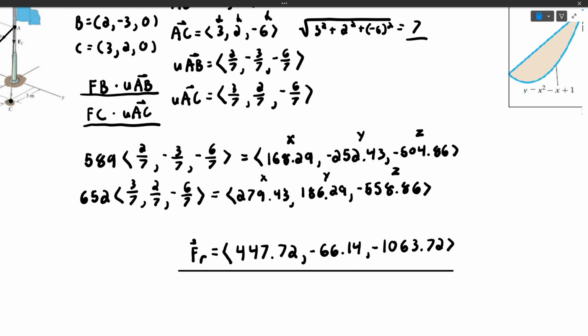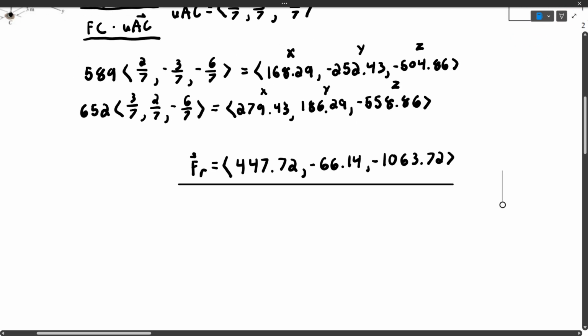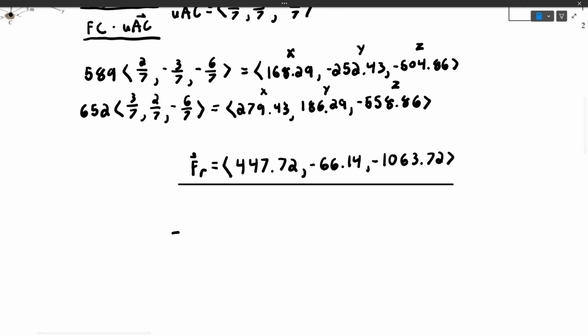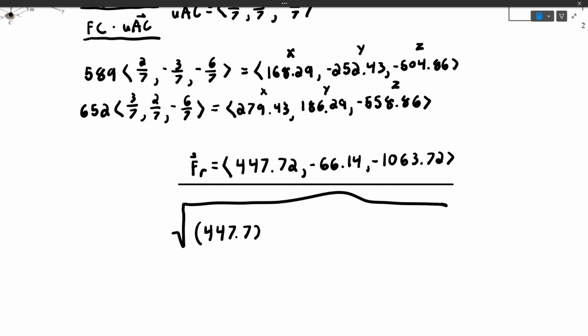However, now, if we want to calculate the magnitude of this, which is what the question was asking for, just like what we did before, we take the square root of each of these squared. So 447.72 squared plus negative 66.14 squared plus negative 1063.72 squared.